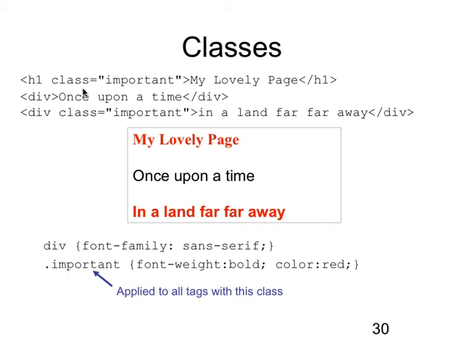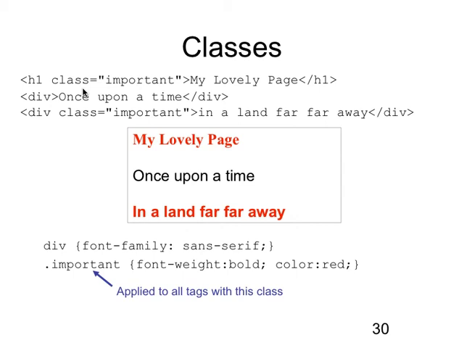All of the stuff we did up to now left our HTML document nice and clean, and here now we're starting to clutter up the HTML document a bit, but there's no other way to do this. So here we're saying we have a H1, and that's class important. So that class is set to important. It has a class attribute. Then we have a regular div, and then we have a div that's also class important.